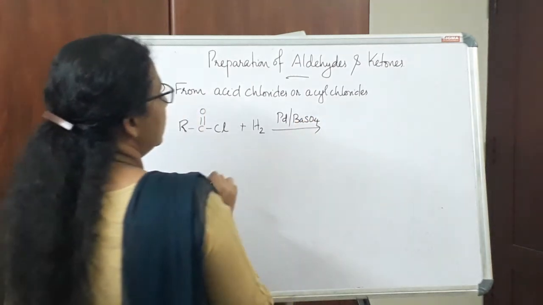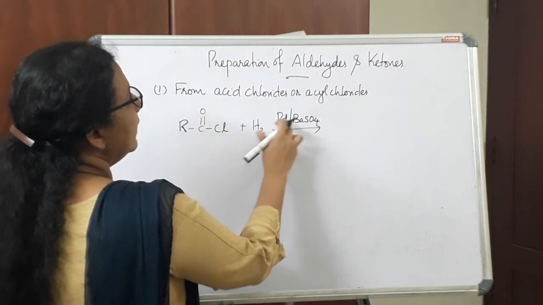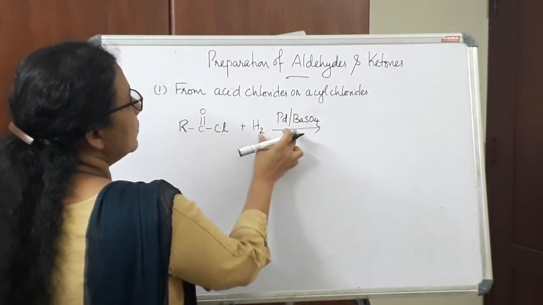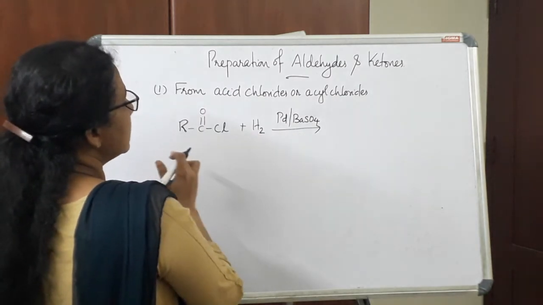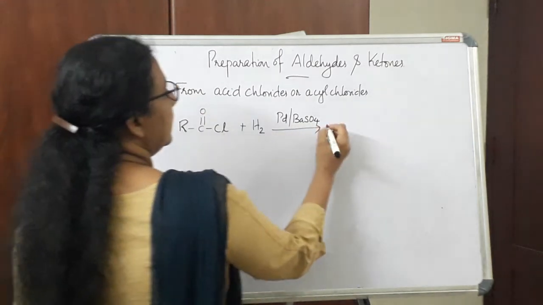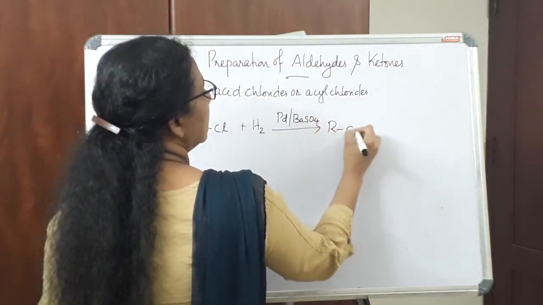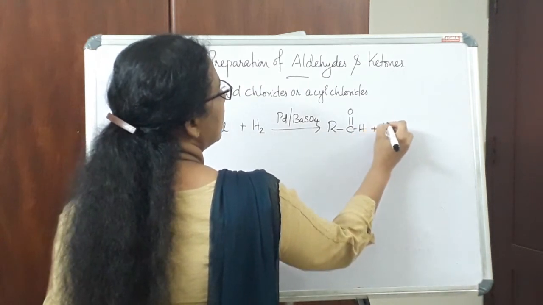This is the reagent, and it will act as a reducing agent. A reduction reaction takes place, HCl will be eliminated and we will get the corresponding aldehyde.